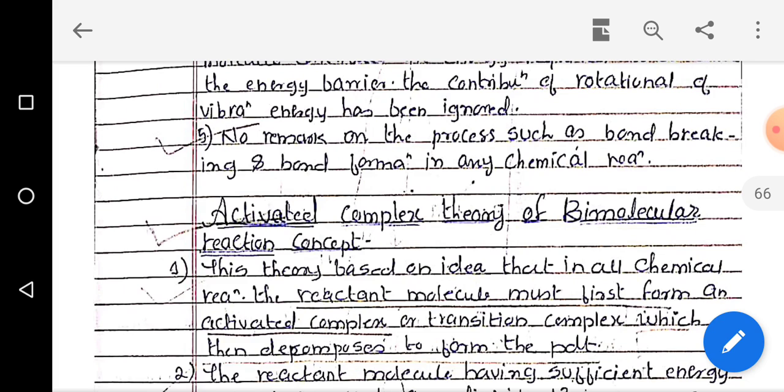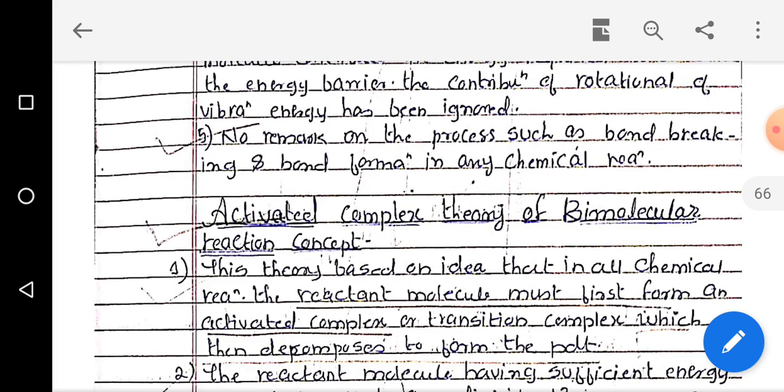There is no mention of processes such as bond breaking and bond formation in chemical reactions. This theory is not focused on bond breaking and bond formation, because these are also associated with energy changes.